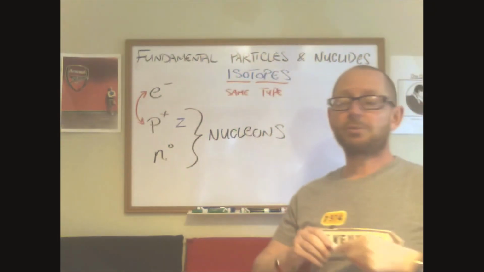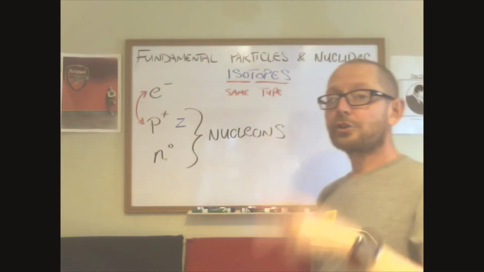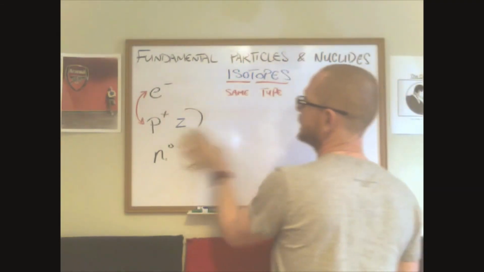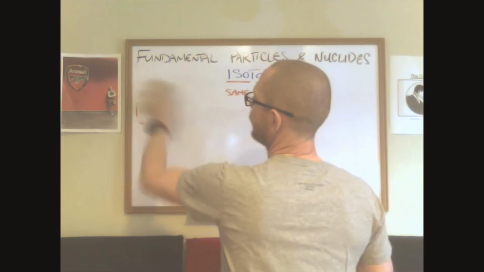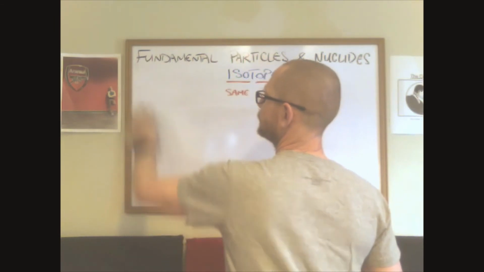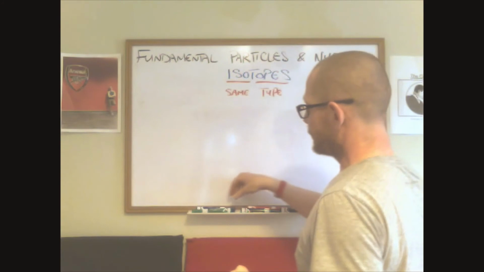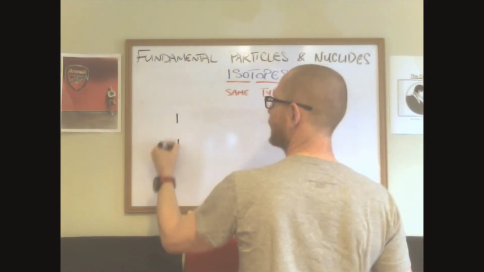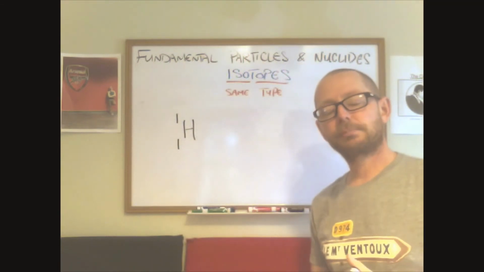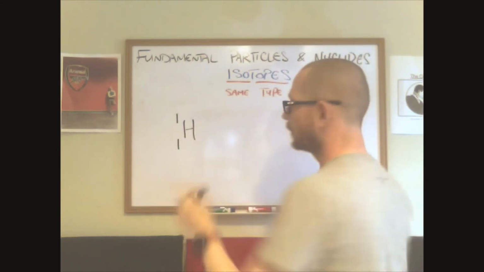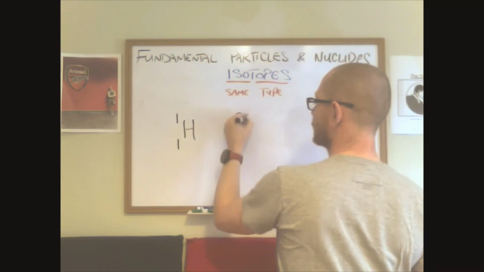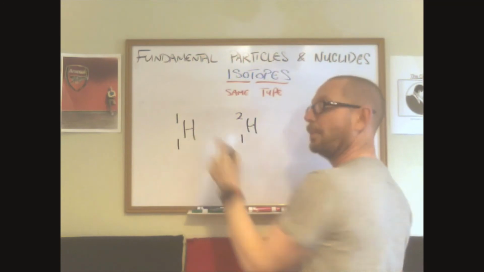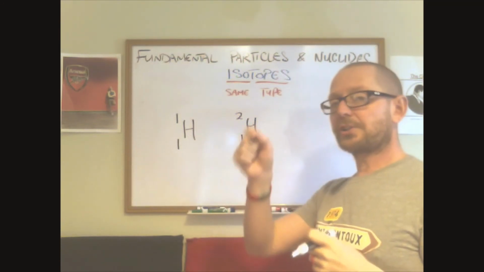Isotopes. So, there are two naturally occurring nuclides of hydrogen. Let's go back and take a look. And those isotopes are as follows. There's very, very commonly 1 over 1 H. Then there's 2 over 1 H. Now if you take a look, the symbol remains the same, but the nucleus is different.